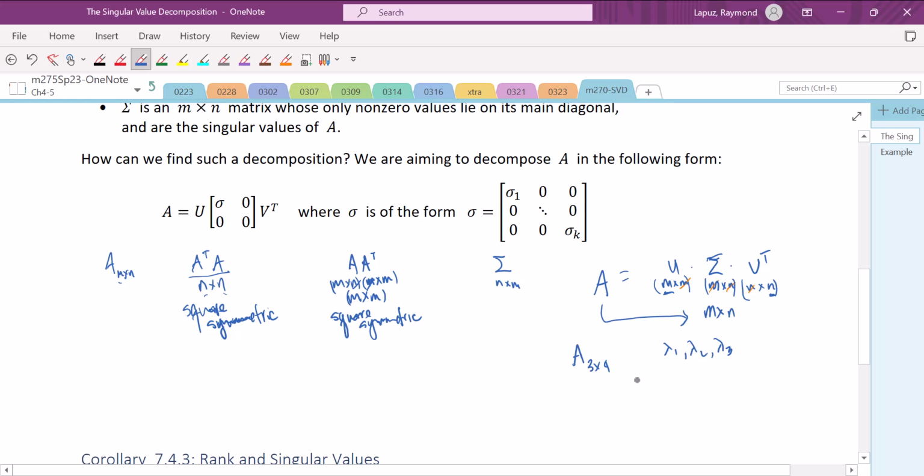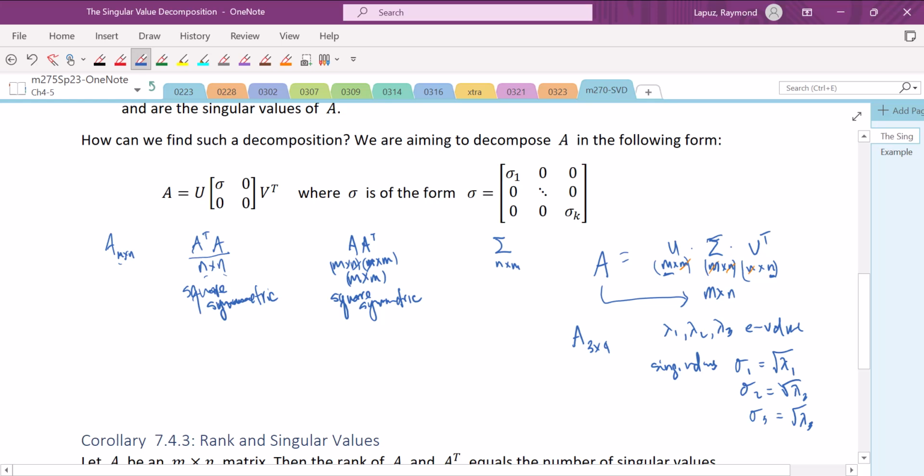And so your singular values will be: sigma 1 will be the square root of lambda 1, sigma 2 will be the square root of lambda 2, and sigma 3 will be the square root of lambda 3. All right, so you have 3 singular values, but then your sigma matrix should be a 3 by 4. So 1, 2, 3 rows, 1, 2, 3, 4 columns. So this should be the size of your matrix.